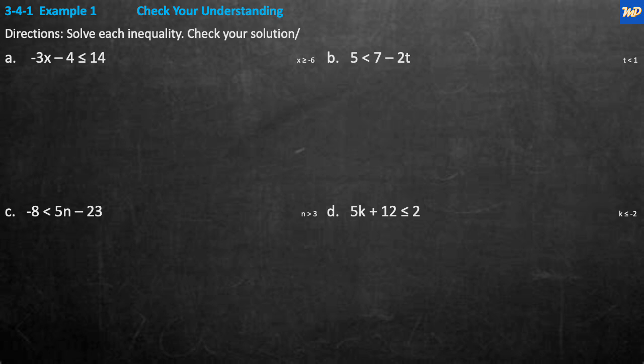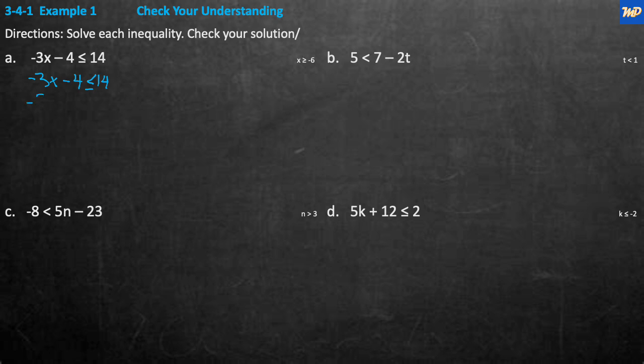Let's do them together. First thing I'm going to do is write negative 3x minus 4 is less than or equal to 14. We're going to solve it as if it were an equation. So we move the negative 4 to the other side, making it a positive 4.